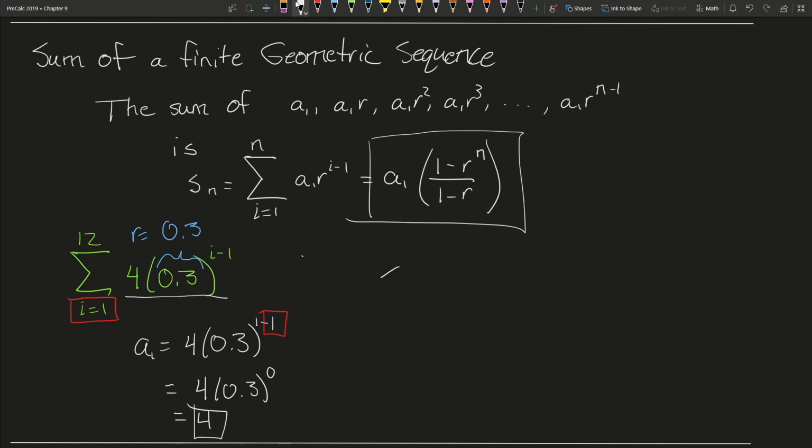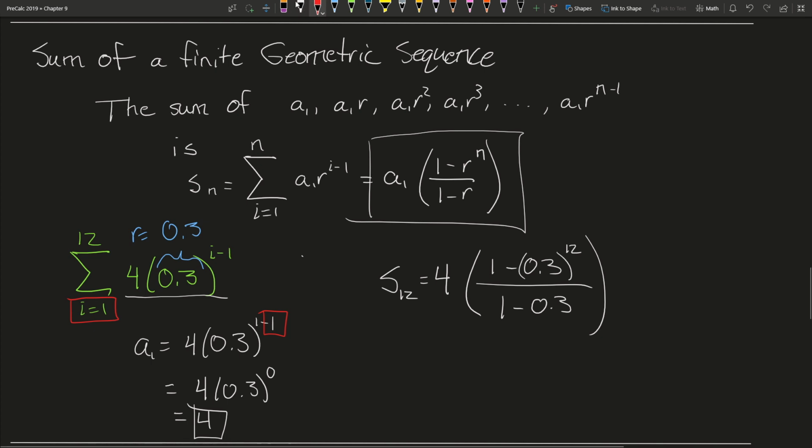So our sum of the 12 terms is going to be A1 times 1 minus our ratio to the power of the number of terms we're actually summing. So in this case, it's 12, divided by 1 minus the ratio.